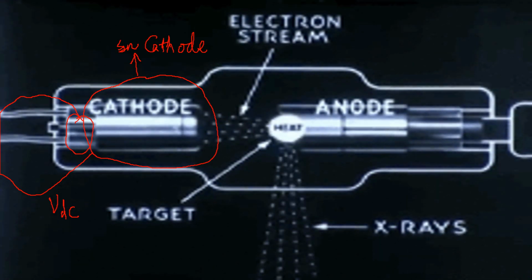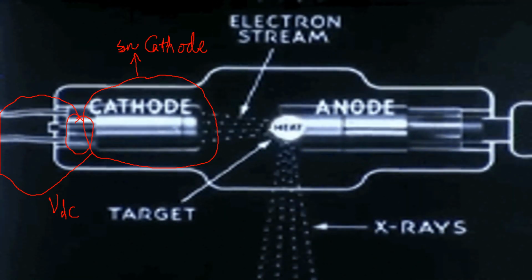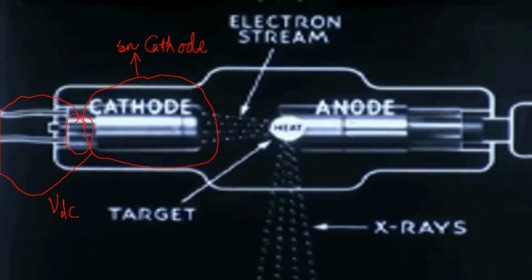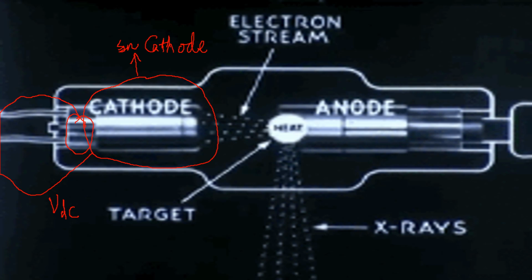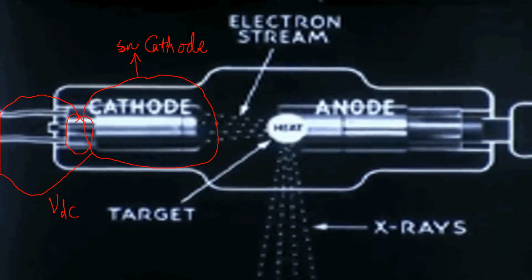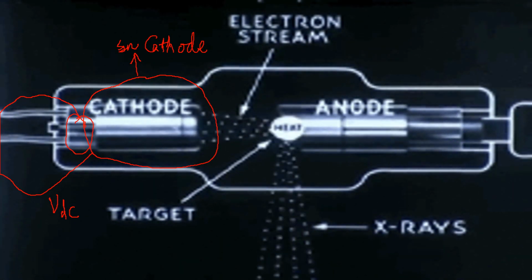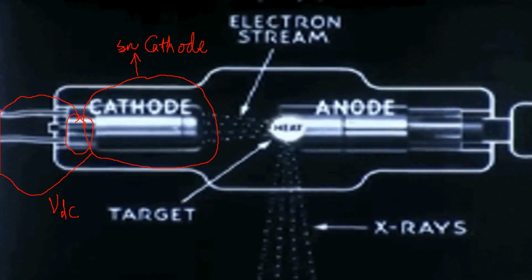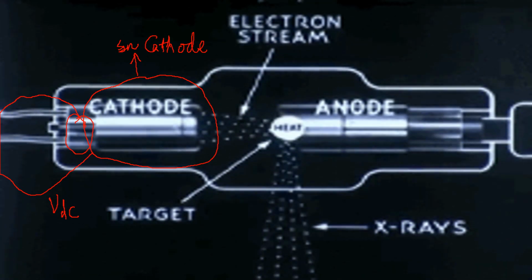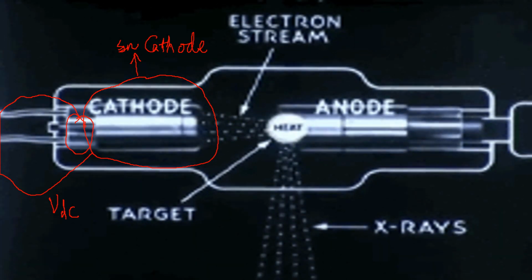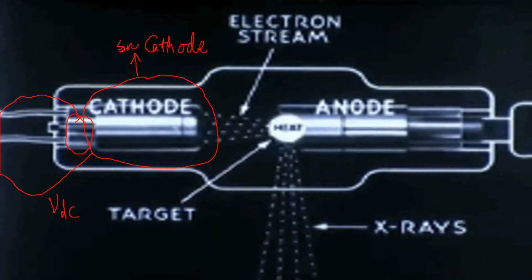So the cathode is near the filament. This one is the filament, and the cathode is near the filament. So the cathode will heat up due to the high temperature of the filament. When the cathode heats up, it will emit electrons due to the thermionic emission process.